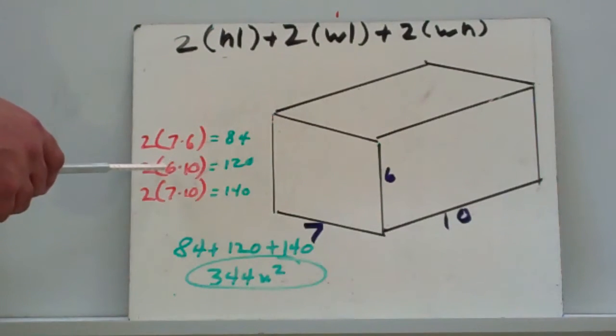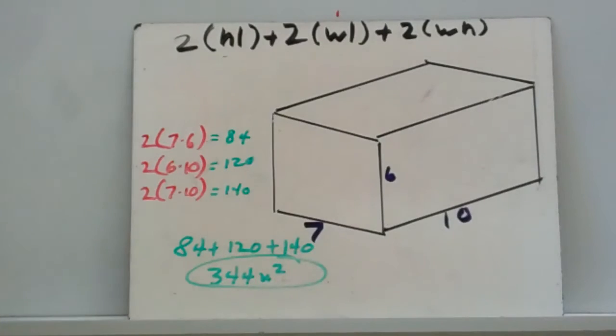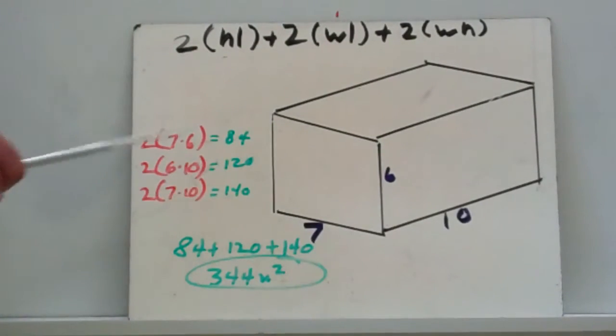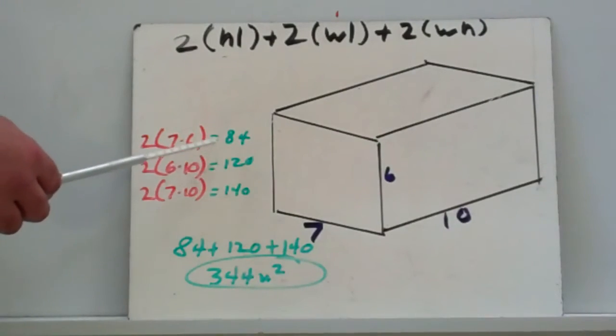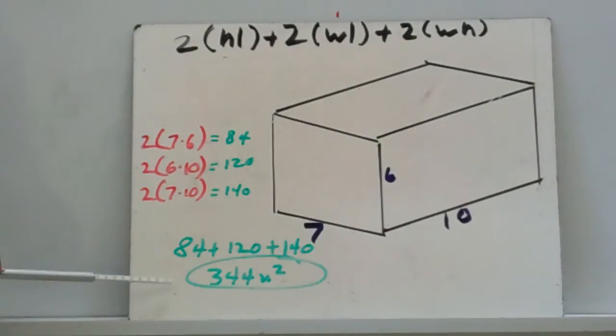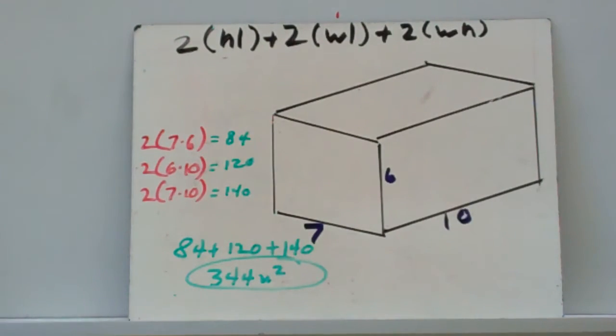And then we can do the height times the length times 2, so 6 times 10 times 2, which is 120. And then we can do the width times the length times 2, so 7 times 10 times 2, which is 140. If we take those measures of those sides, 84, 120, and 140, and add them together, we get 344 units squared.